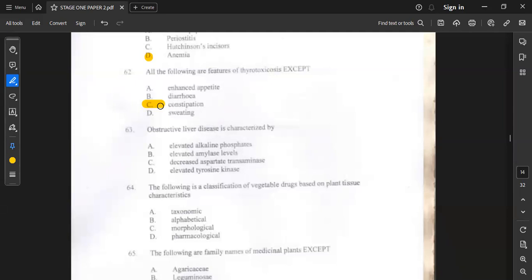What other diagnosis can you do? The increased radioiodine uptake.